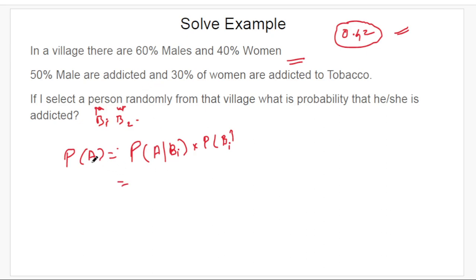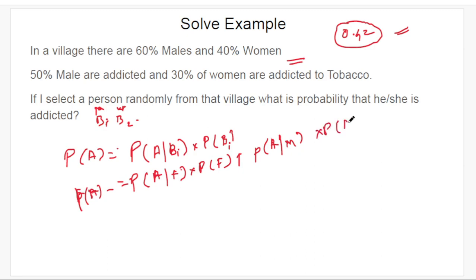So given probability of female is equal to probability of female, we are asking what is the probability a person is addicted. So probability of addicted is equal to probability of addicted given female into probability of female plus probability of addicted given male into probability of male.